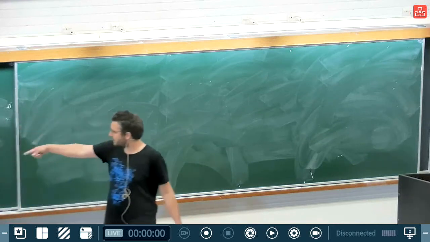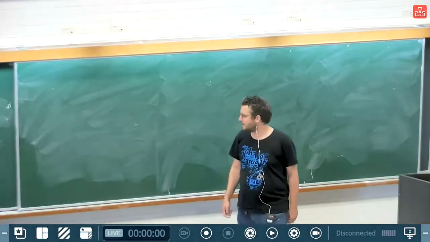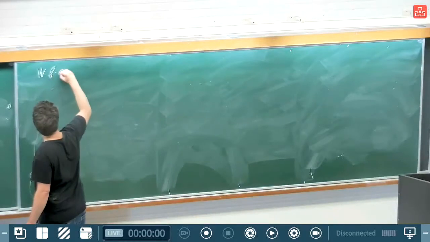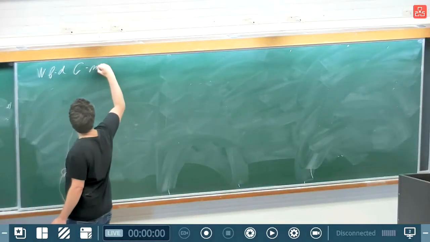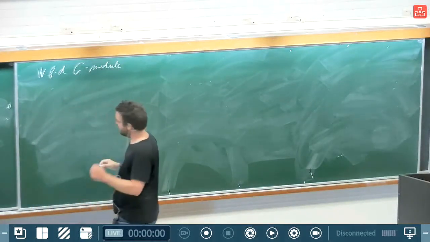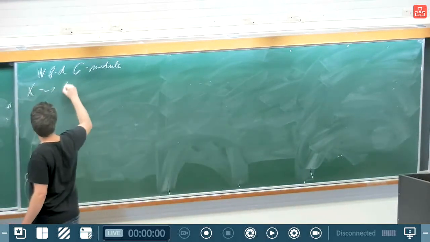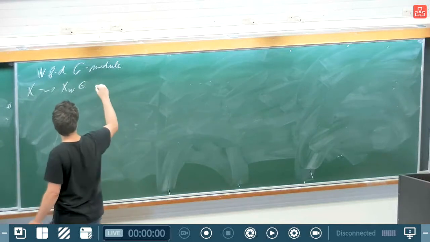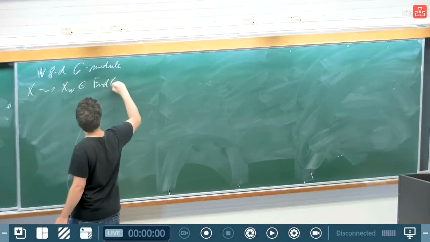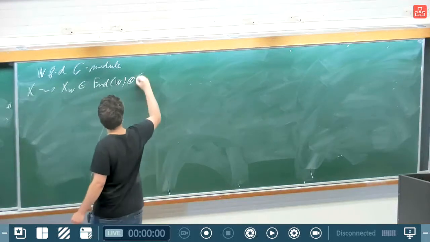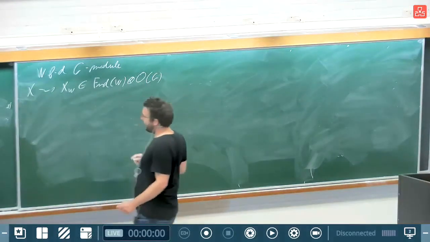Thanks for spotting that. Anyway, long story short, you have this duality pairing. And of course, this element itself is not really well defined. But if I take a finite dimensional G-module W, then this element actually specializes to a well-defined element in End(W) tensor O(G).